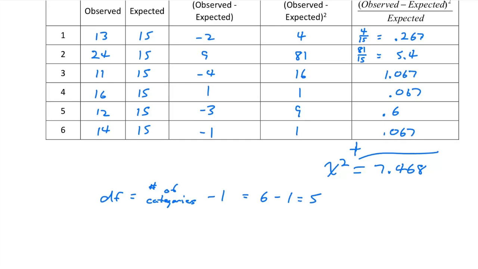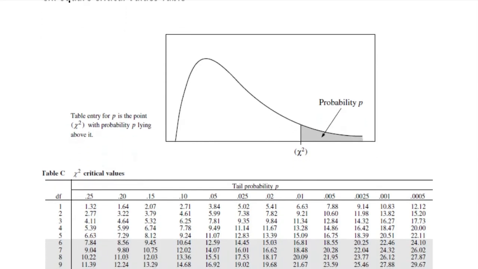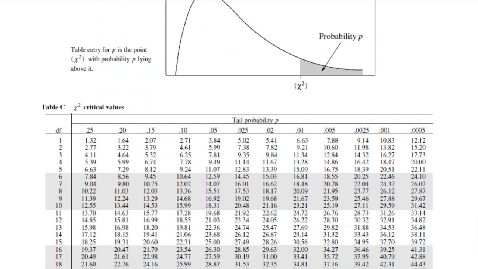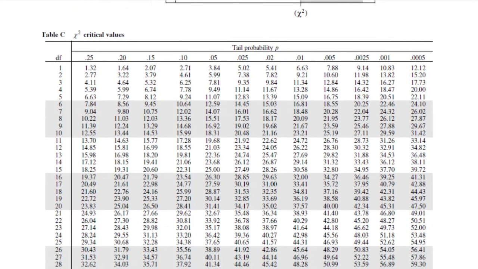All right. So I'm going to jump to the table here and show you how this looks. So this is what the chi-square table looks like. Again, it looks a lot like the other tables we've seen before, the T and Z and so on, specifically like the T table. We've got the probabilities across the top. We've got the DF down the side. And so again, what we are going to do is find our DF of 5.